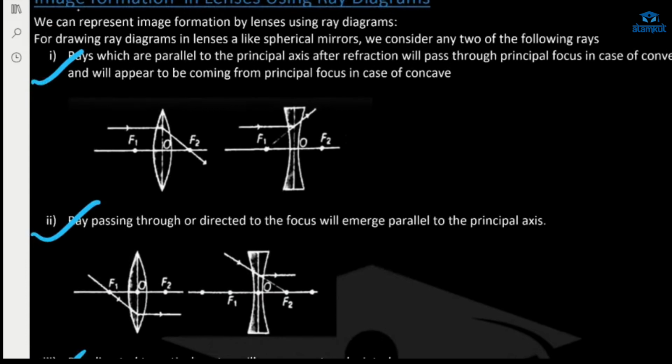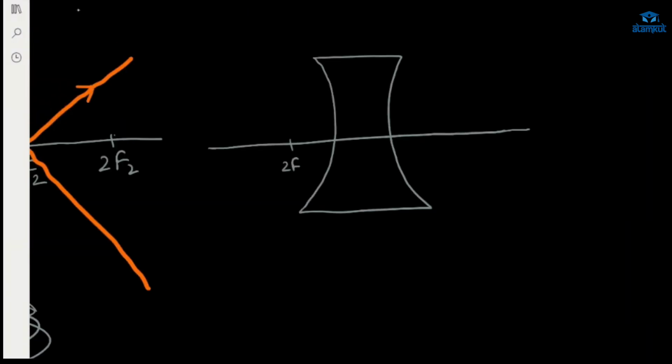For a concave lens, the rays are drawn with 2F2, F2, F1, 2F1. This is your optical center. The incident ray that is passing parallel to the principal axis, after refraction, you show the refraction from the middle of this lens.